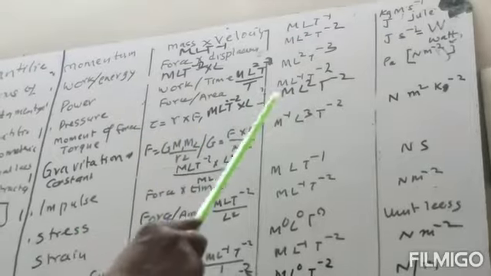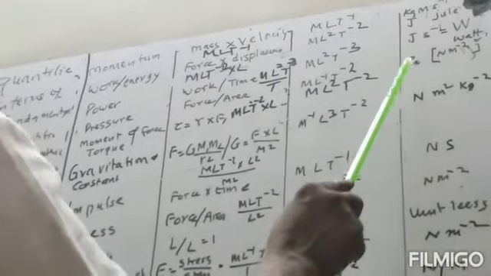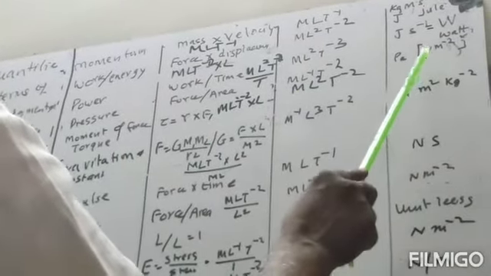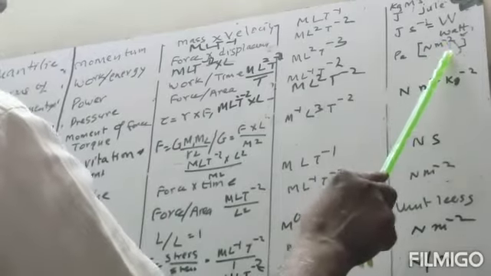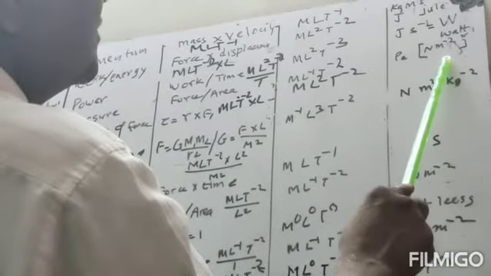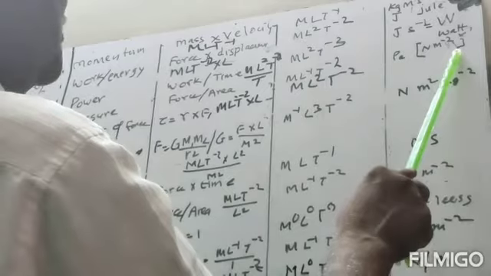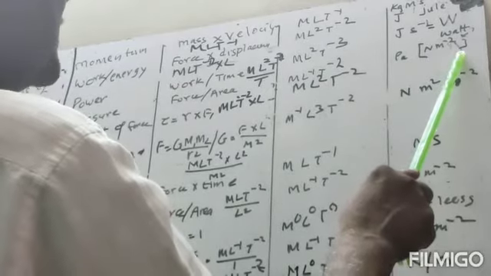And we can write this as Pascal or Newton per meter square, meter^-2 per second.